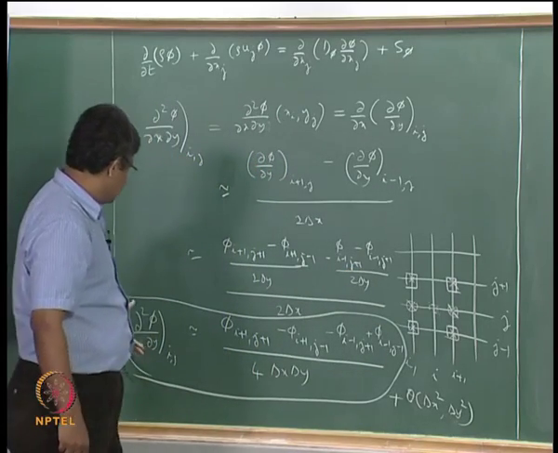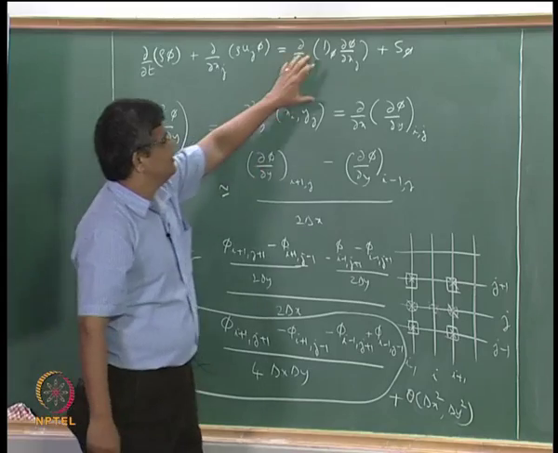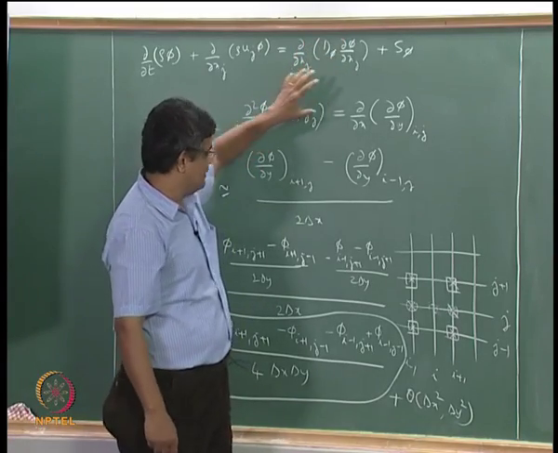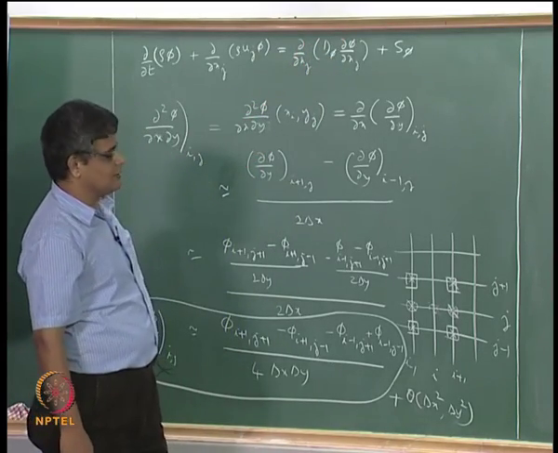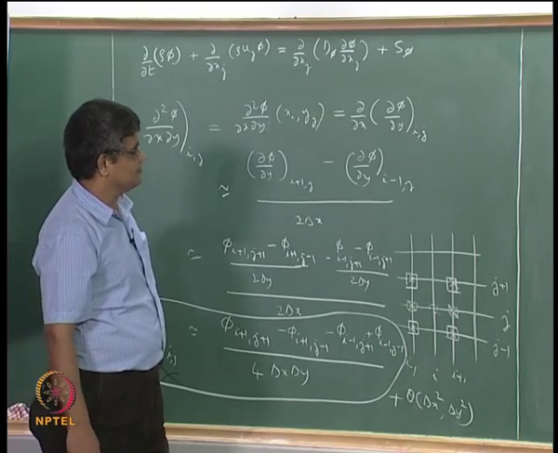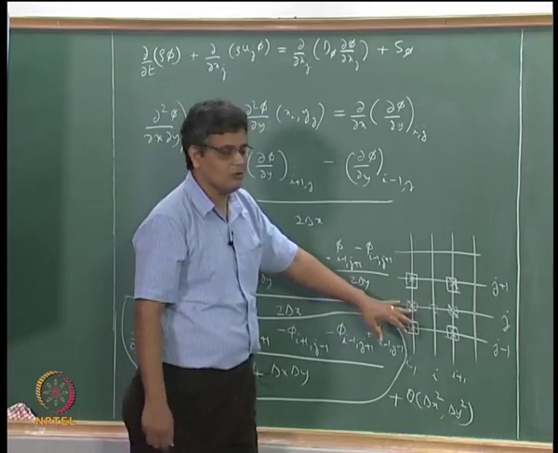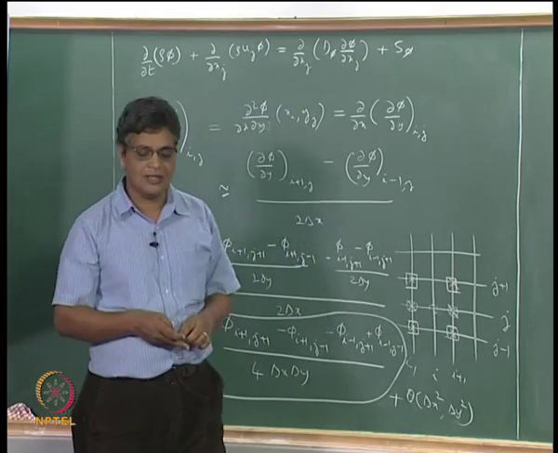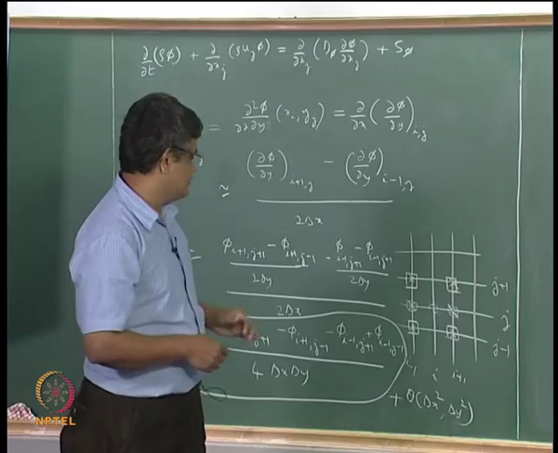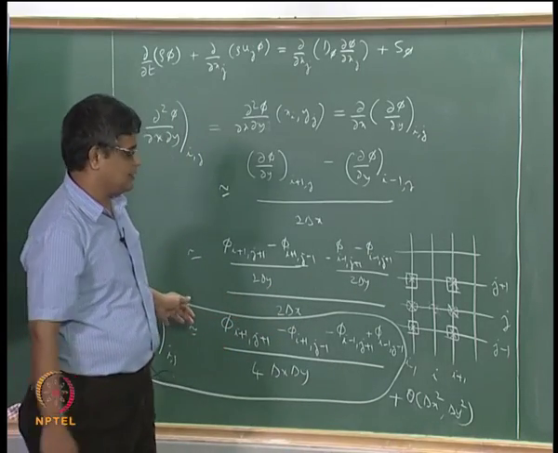So if we were to have this term in the equation here, then the discretization of the cross derivative or the mixed derivative will tend to destabilize the overall iterative solution method.